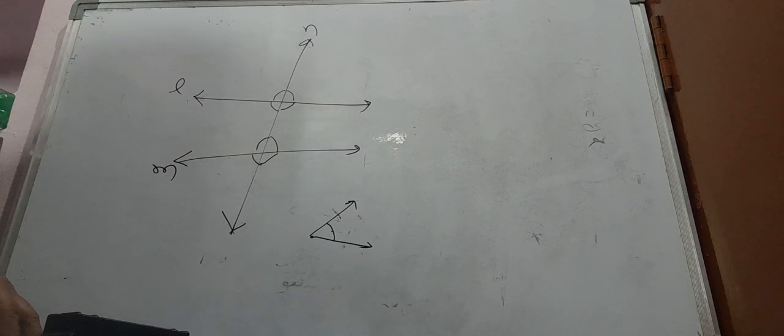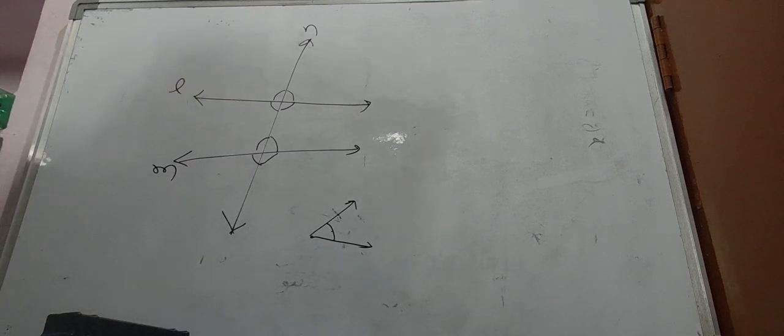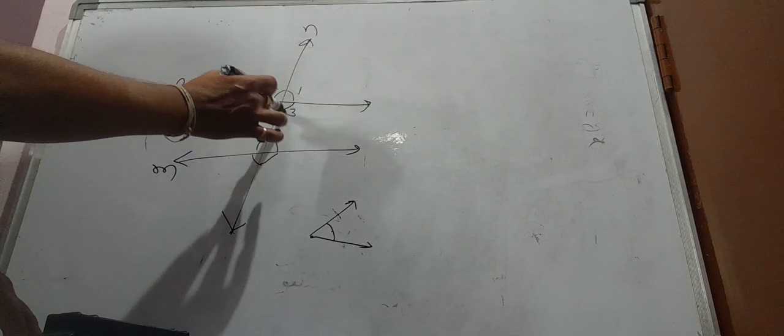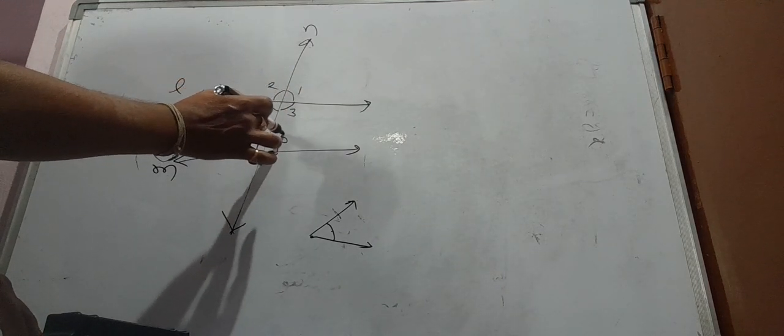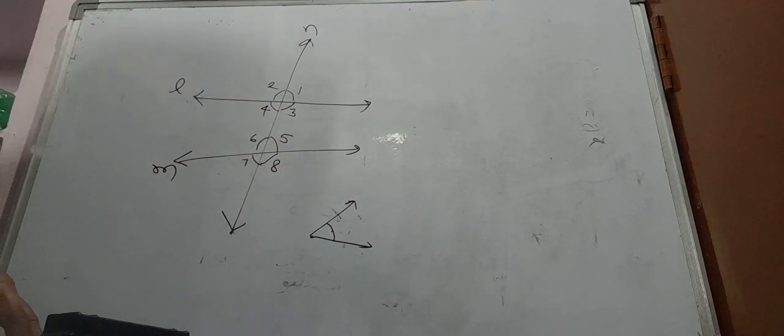Now when this transversal cuts these two lines, we get these many angles. How many angles did we get? We count 1, 2, 3, 4, 5, 6, 7, 8.